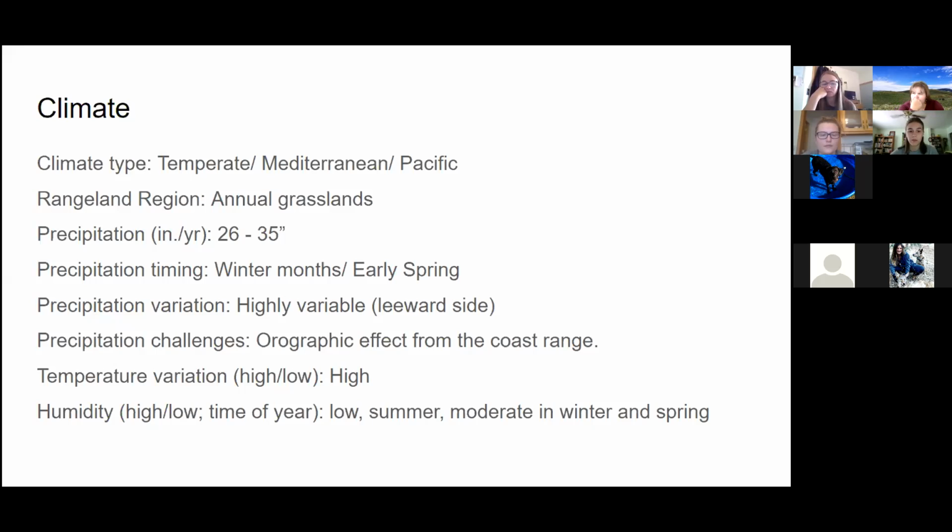The precipitation is highly variable, especially on the leeward side. The challenges with it is an orographic effect from the coastal range. We have a very high temperature variation because our winters get pretty cold and then the summers are very, very hot. Our humidity is very low in the summer and it's pretty moderate in the winter and spring.